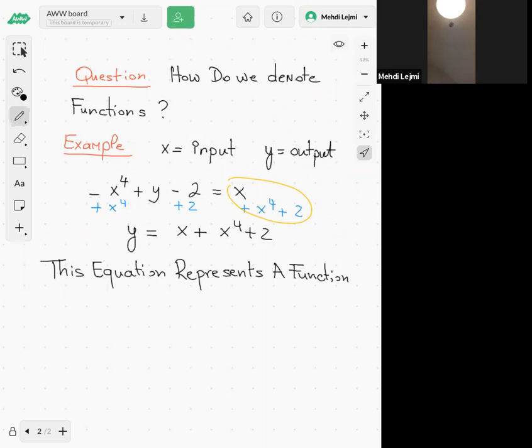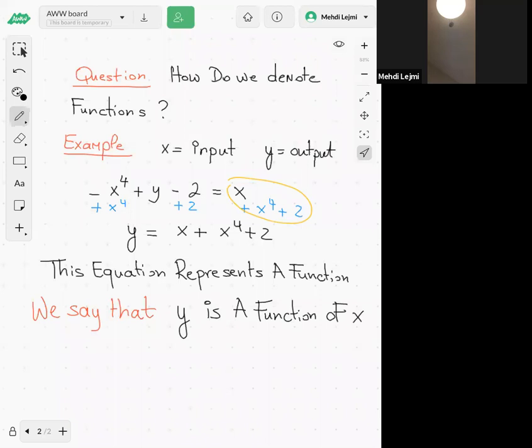Now, because X is the input and Y is the output, we say that Y is a function of X. So when you have a function, you say that the output is a function of the input.